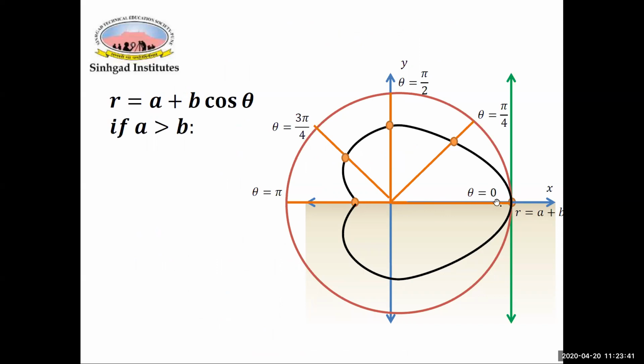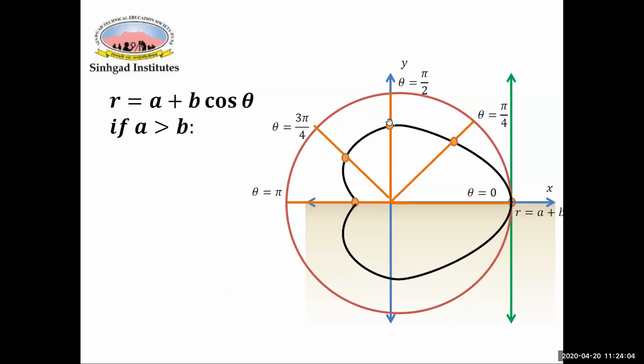This is the line theta equal to 0. Your value of r along theta equal to 0 is A plus B. Your value of r along the line theta equal to pi by 4 is A plus B by root 2.